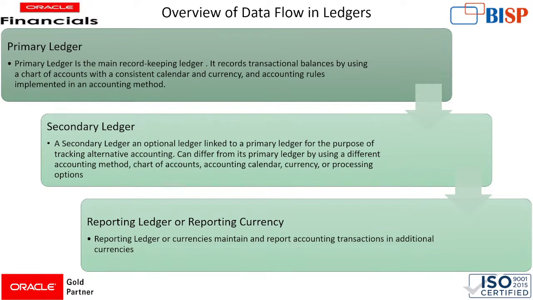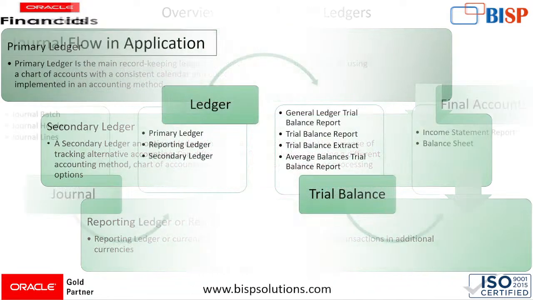So those are the different methods you can use simultaneously. As per the client requirement, you can define the secondary ledger accordingly. And there is a reporting ledger. The reporting ledger maintains the accounting transactions in different currencies, right? So that is the reporting currency, reporting ledger.